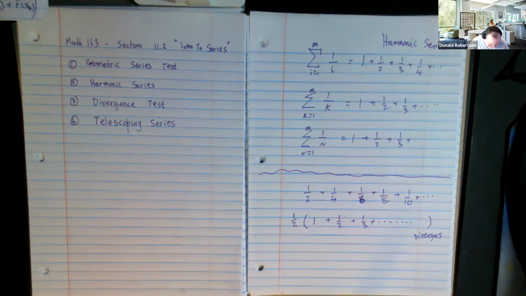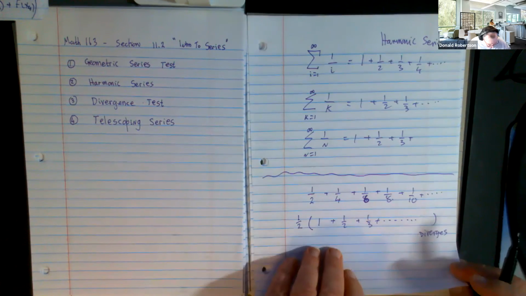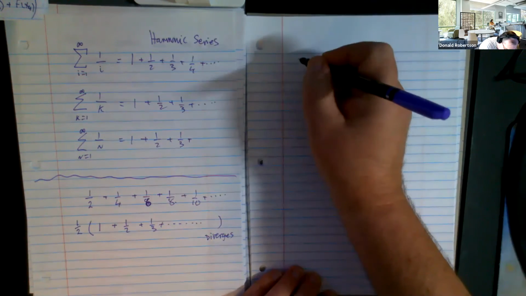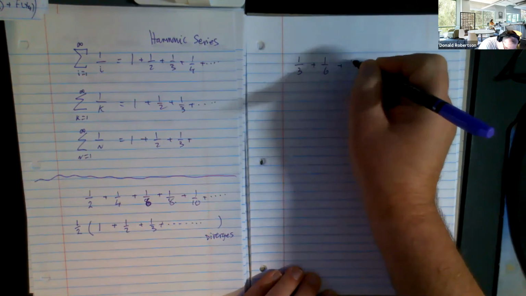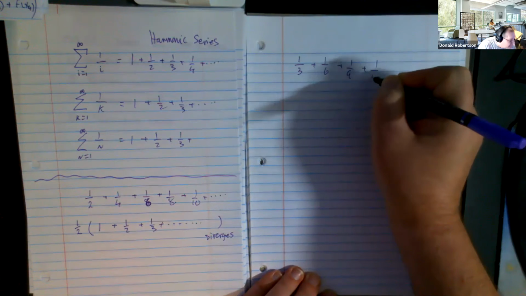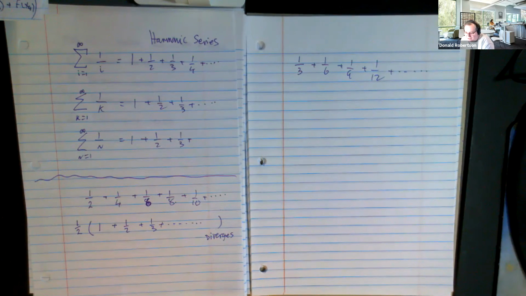And now there isn't that many of them, right? There's not that many questions that use the harmonic series. And they won't tell you it's a harmonic series. They will just say, does this series converge or diverge?